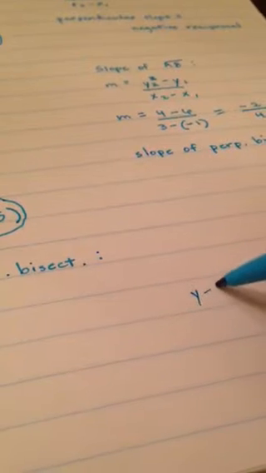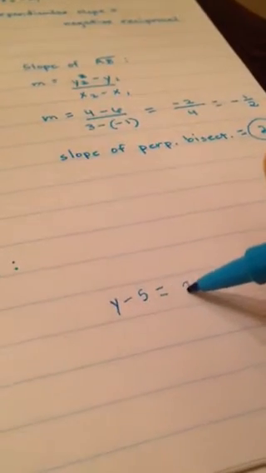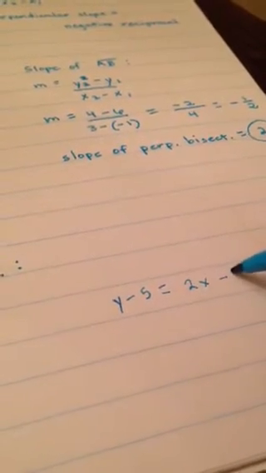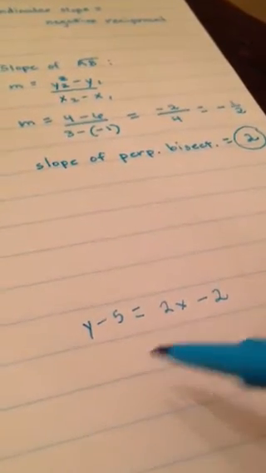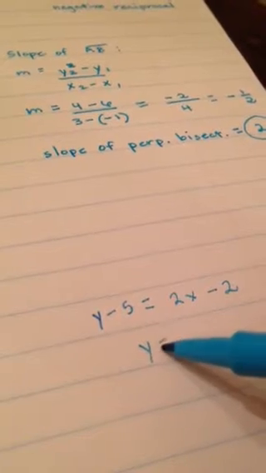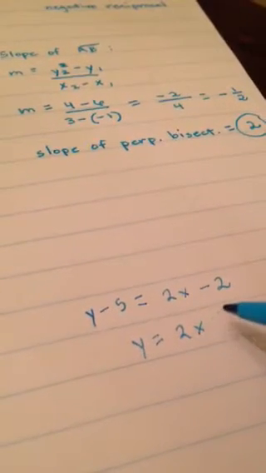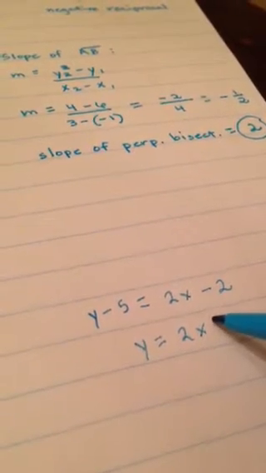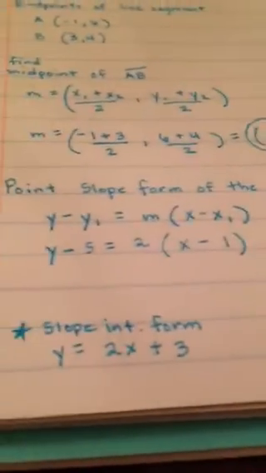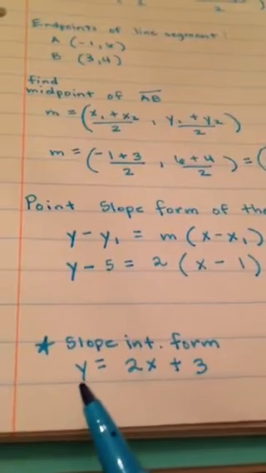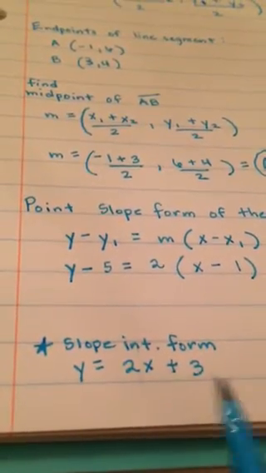Y minus 5 equals 2x minus 2. Now, if we want to move that 5 to the other side, it's going to become positive, and we're just going to be left with y. And then we're going to have 2x, and we're going to have negative 2 plus 5, which is going to be positive 3. So our slope-intercept form, if they had asked for that, would be y equals 2x plus 3.